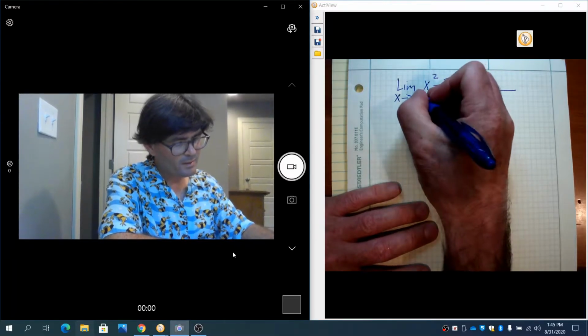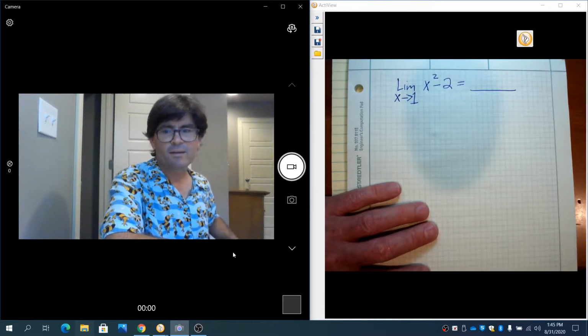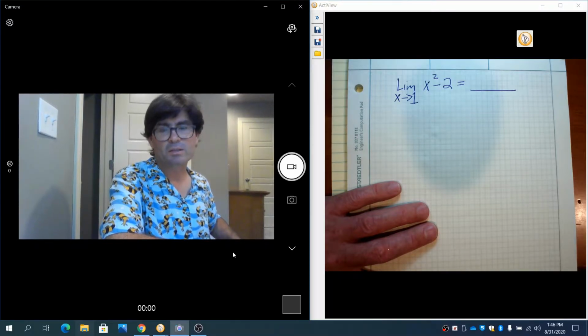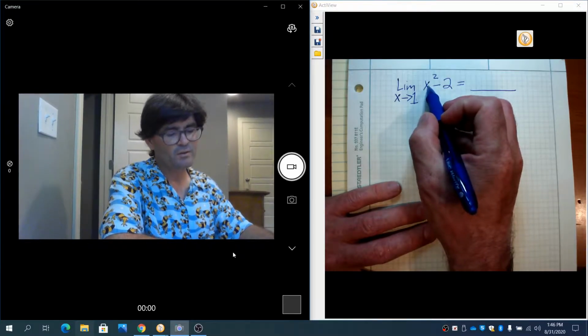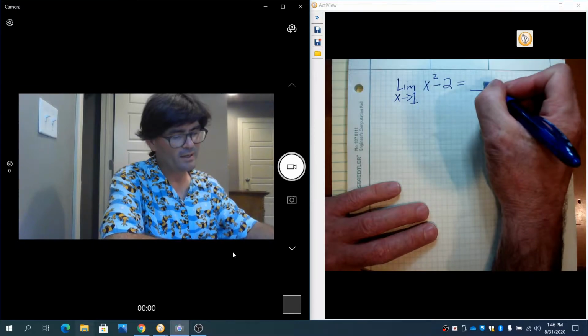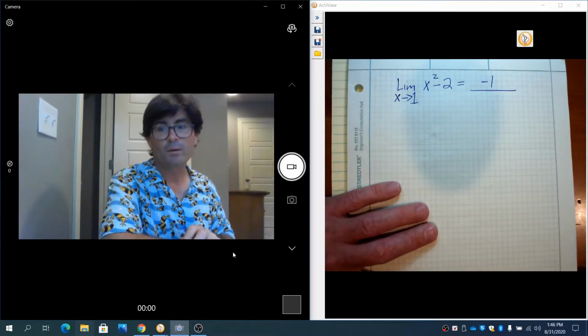So this is just the most basic limit that you might find. Before we dive into what we're doing, I'm just going to evaluate this using what's called direct substitution, where I take my 1 and stick it into the function: 1 squared minus 2, and that limit is equal to -1.